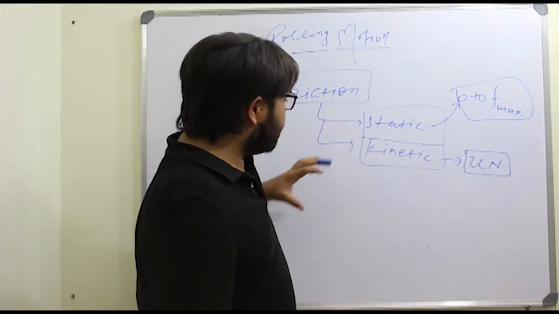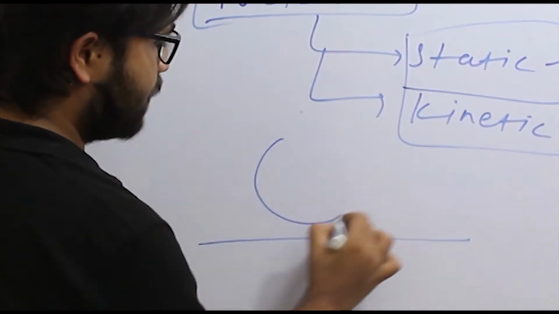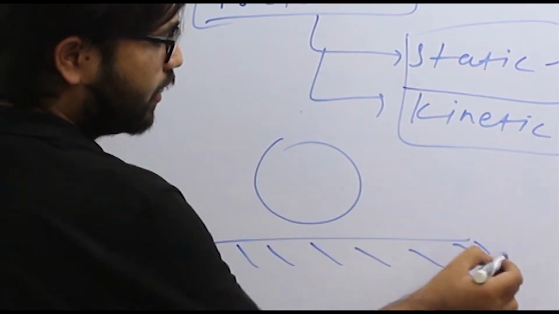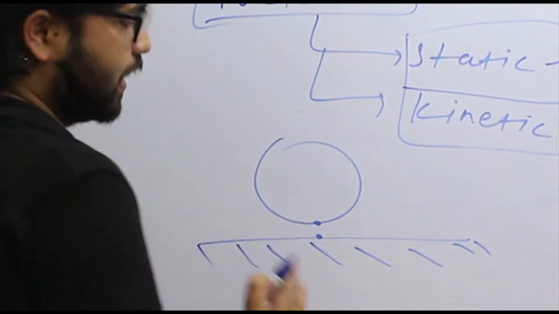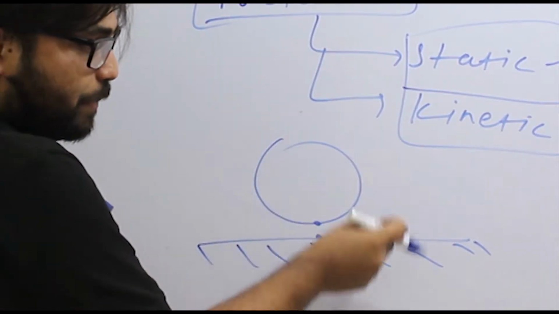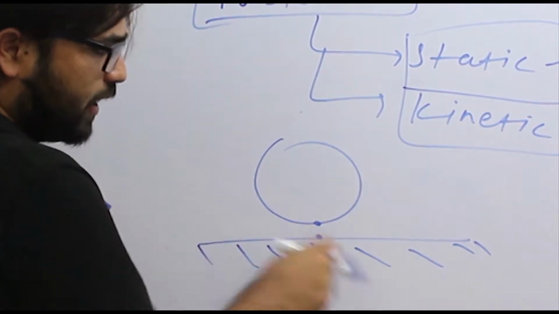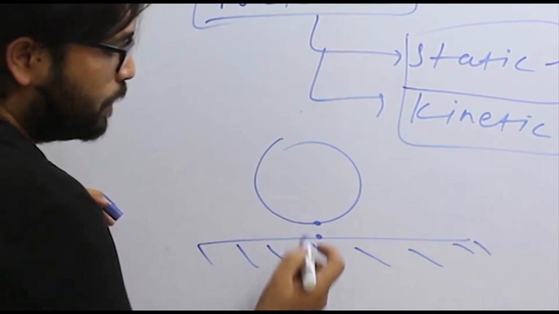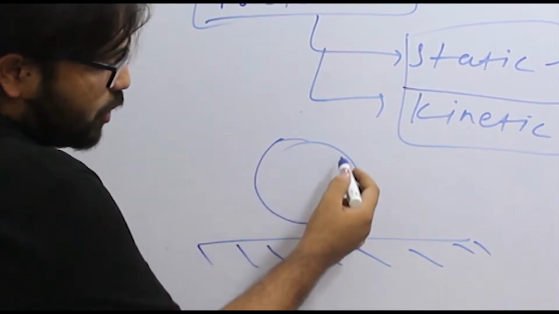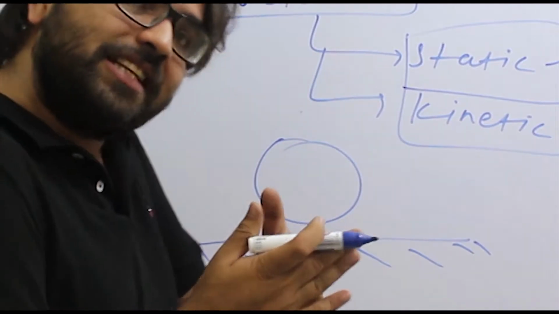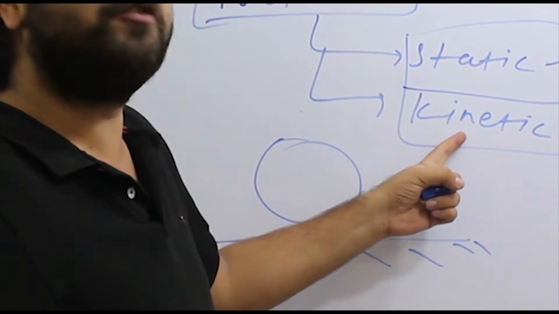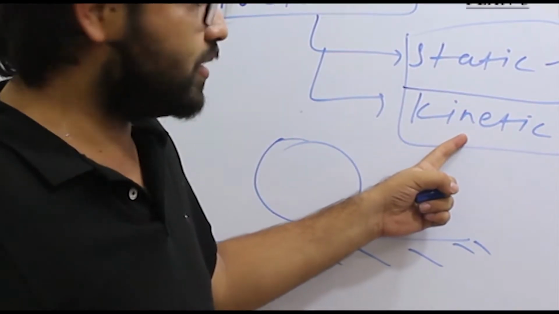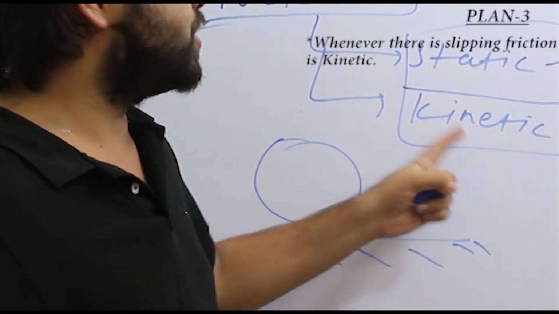Let's say this object is slipping over the ground, which is fixed. Wherever there is slipping between any two surfaces, the friction between these two surfaces is of the kinetic kind. Whenever there is slipping, the friction is kinetic.